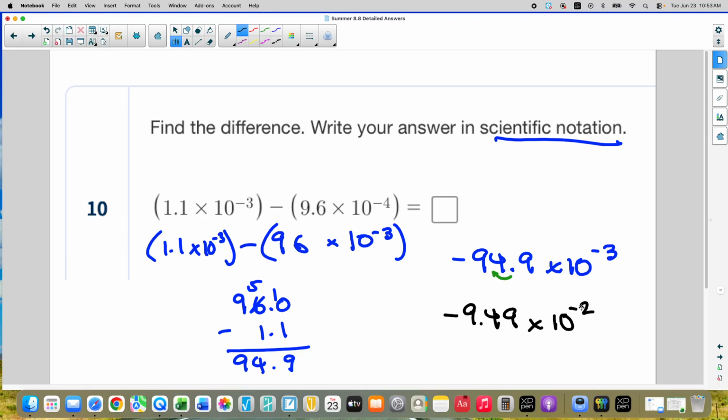And so we got negative 9.49 times 10 to the negative 2. Where is that one? Oh. No. I moved in the wrong way.